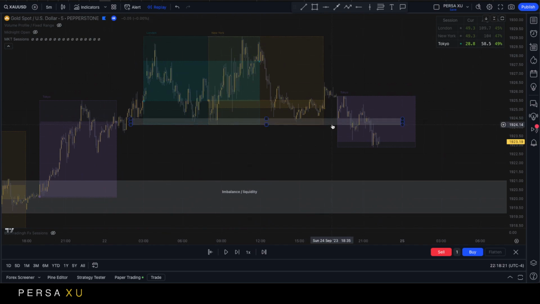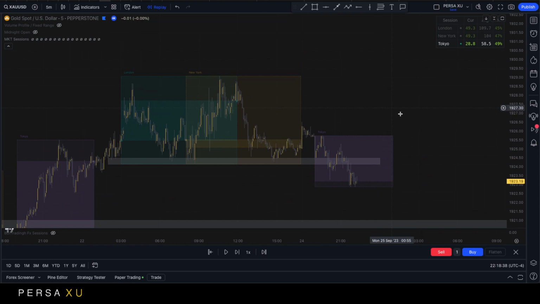So do you really think that because Asia broke these support areas and it managed to get an interesting trade over here, whatever, that London and New York aren't interested maybe in grabbing a better entry price somewhere around here? I mean, wouldn't they at least want to try to retest Tokyo's high?